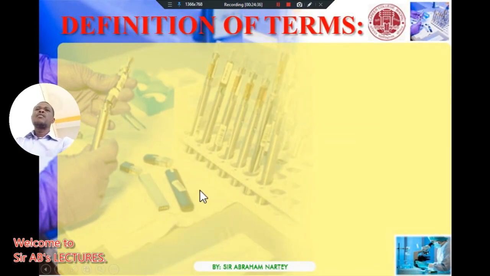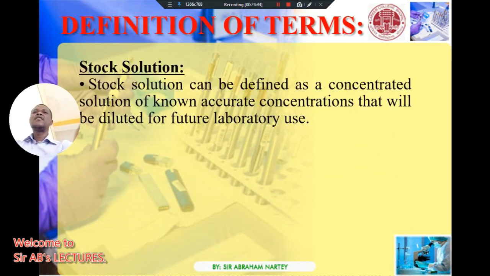Next one, we are done with all the preparation of the test. So as a laboratory technician, you must be sure of the definitions of this test. First one, when we say stock solution, what is a stock solution? A stock solution can be defined as a concentrated solution of known, accurate concentration that will be diluted for further laboratory use.